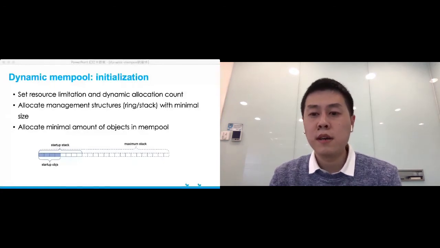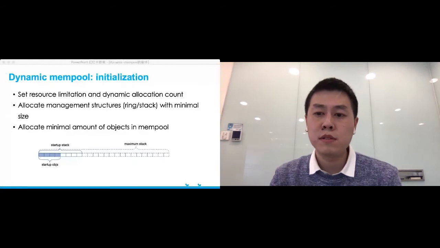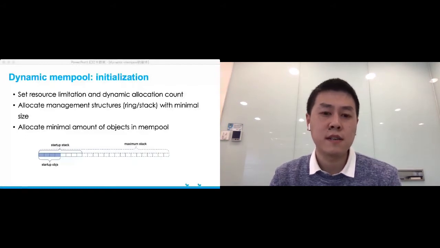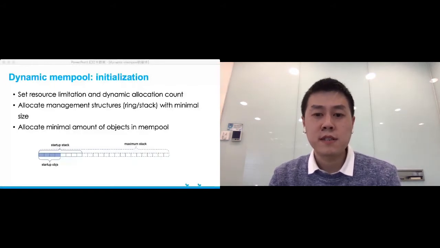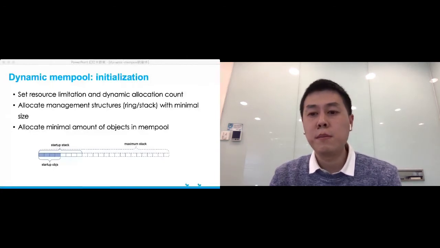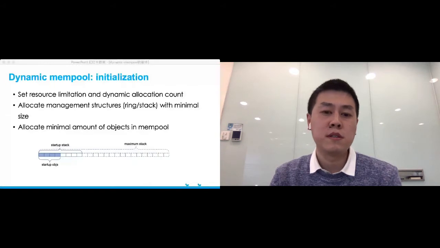Instead, we only allocate a minimal structure to store the initial objects, and then only the initial number of objects would be allocated and initiated. As shown in the graph, the startup stack and objects are relatively very small compared to the maximum stack, which the original mempool would occupy.